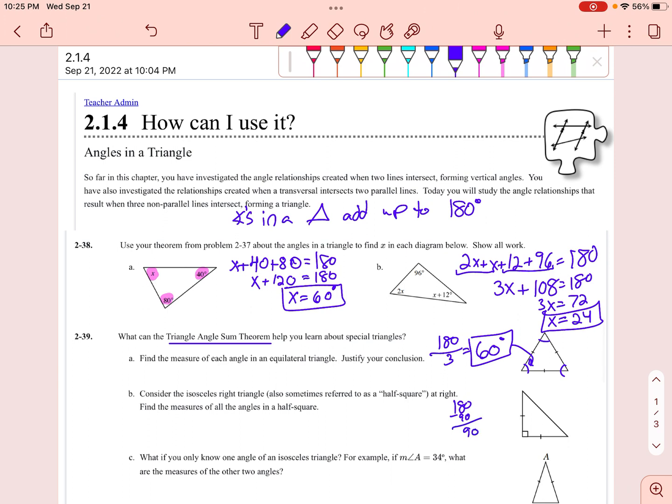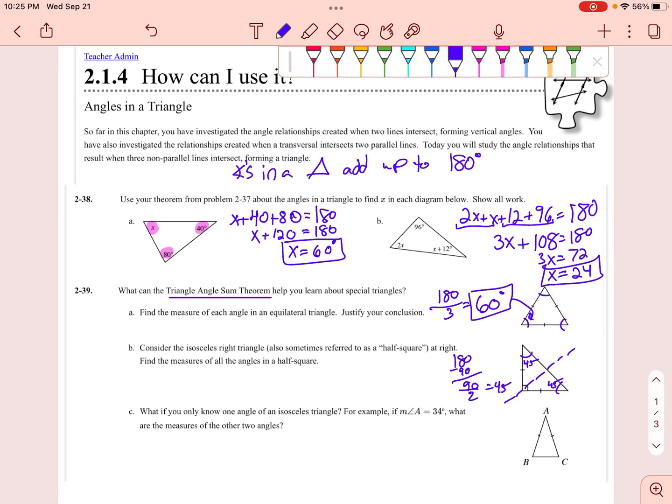That leaves me with 90 degrees that I have to split equally and divide by 2, giving me 45 degrees. It's right isosceles, so you can fold it so those angles have to be equal. And so 45 plus 45 plus 90 is equal to 180. And so this is called a 45, 45, 90 right isosceles triangle.